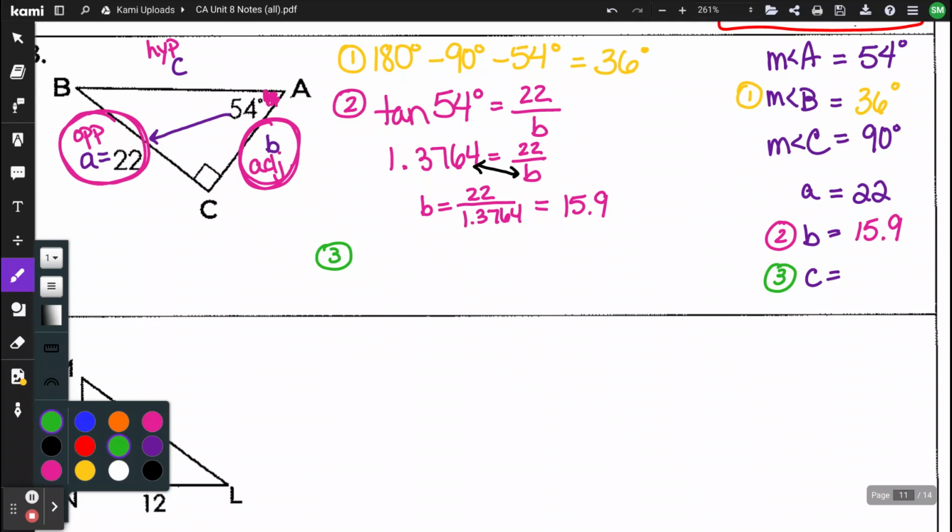So we have the two legs, we have A and B. So let's do Pythagorean theorem. 22 squared plus 15.9 squared equals C squared. 22 squared is 484. 15.9 squared is 252.81.